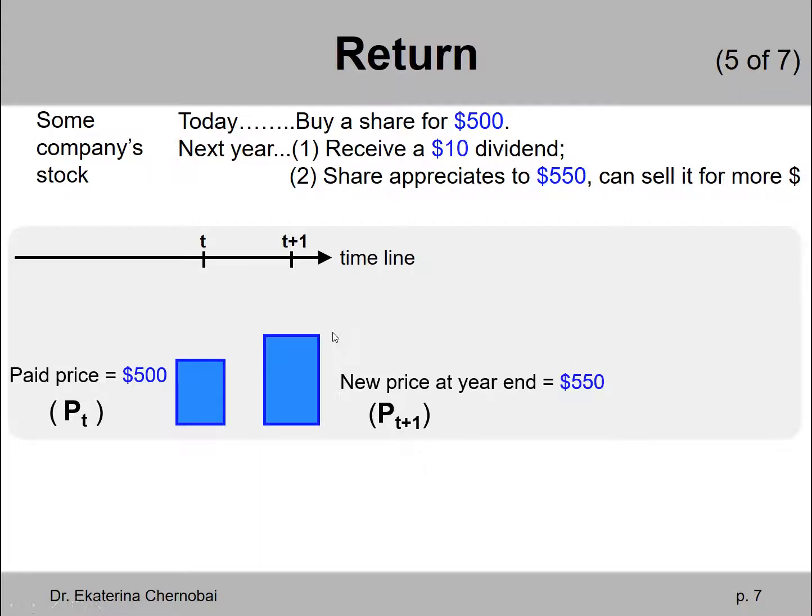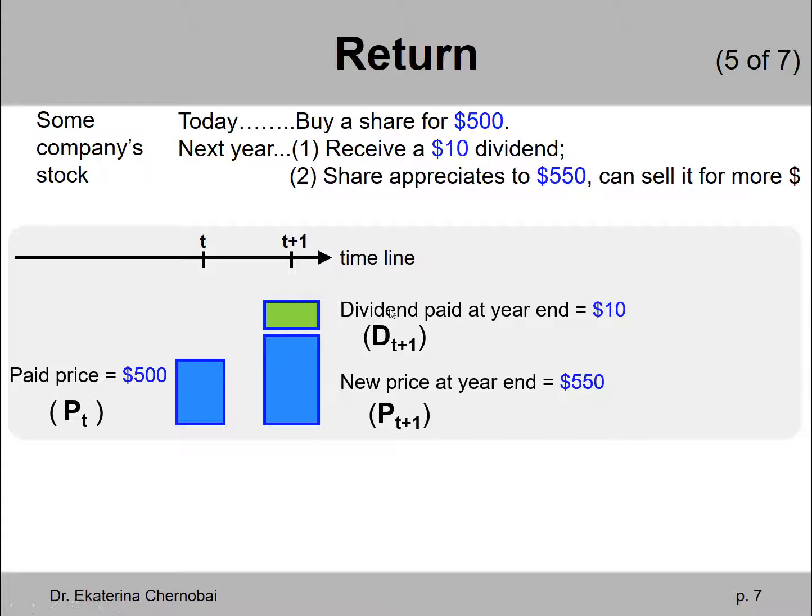The second thing that you can also receive, right, if you sell your share. So if you sell your share, you got $550 for it, but that's not the only source of income for you over the year. Because on top of that, you also received a $10 dividend.